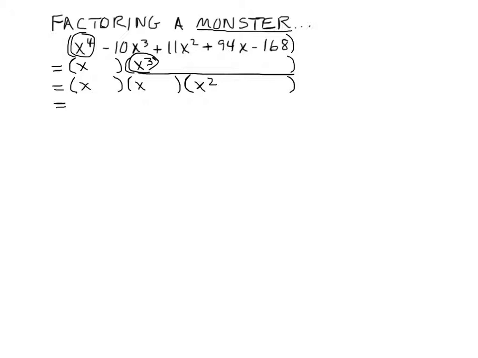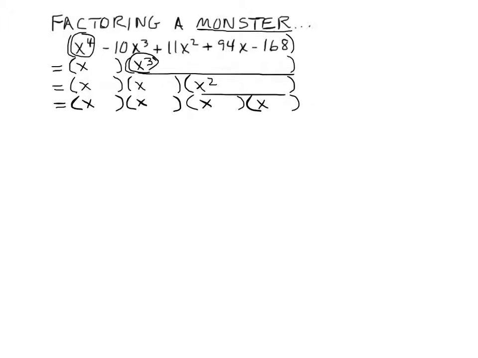And then on the next step, we'll bring down the first binomial. We'll bring down the other factor we found, and then this x squared polynomial, quadratic trinomial, will factor into two others. Okay, now the problem is finding these binomials, because this polynomial doesn't use any of the special factoring methods we've learned.